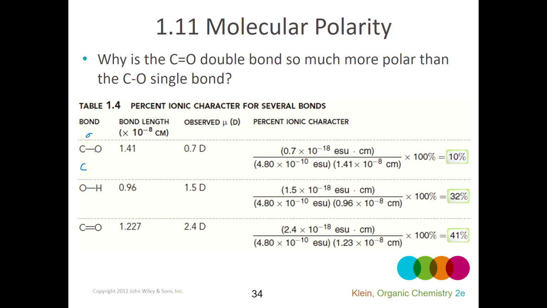If I only have a single bond, it's always a sigma bond. It always results from head-on overlap between the respective atoms' hybridized orbitals, and I get a lot of overlap. The electrons are really stable. They get into a molecular orbital that surrounds both nuclei pretty well. And the oxygen does attract that more because it's higher in electronegativity, but not a lot more, only 10%. 10% ionic, 90% covalent, meaning 90% shared over both atoms.